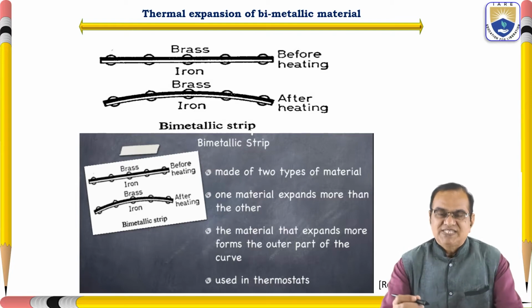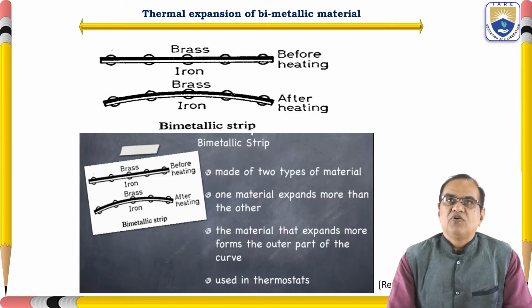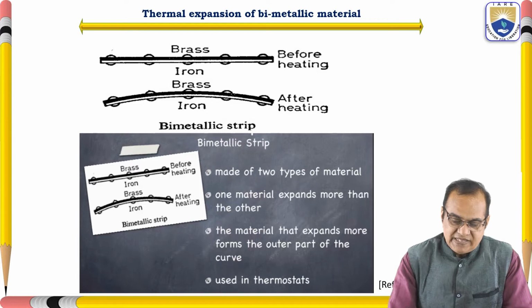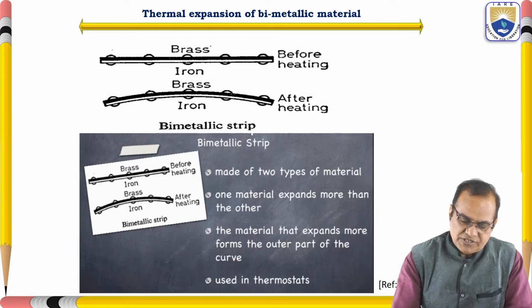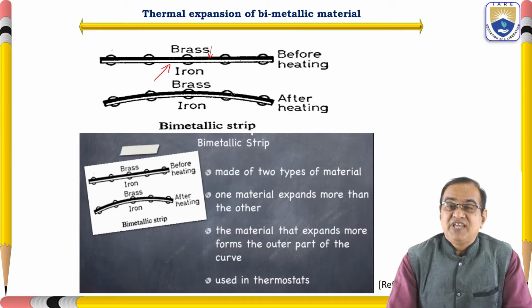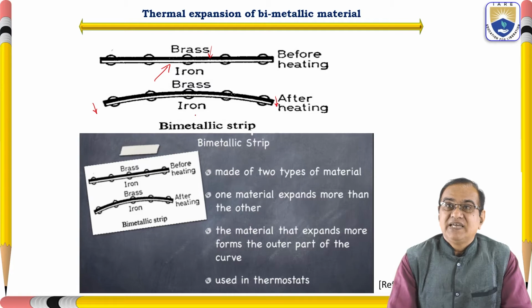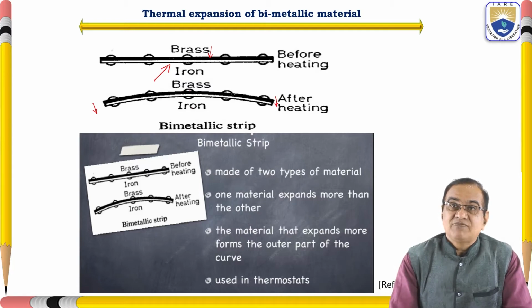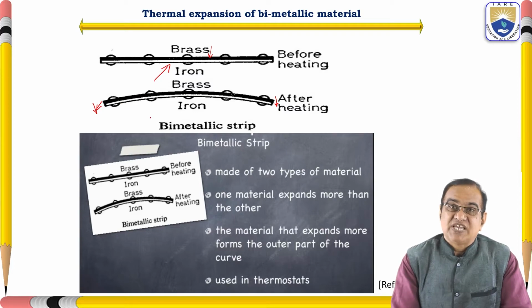Here we can see one brass and iron. The top side is brass, and this is the iron. If you heat it, initially they are straight, but as you heat it, it will bend like this, because the expansion of the brass will be higher than the expansion of the iron. So this will try to push down and it will be in this shape.